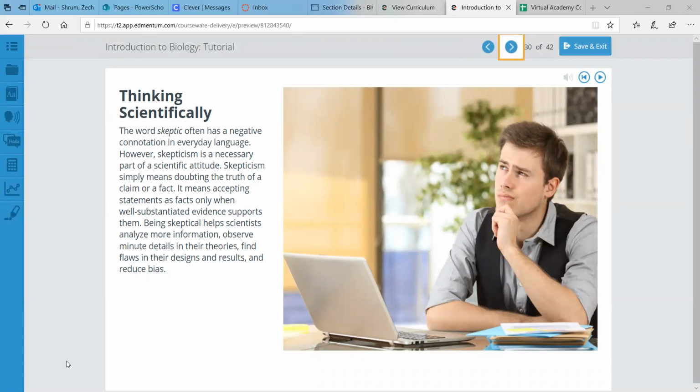Thinking scientifically, skeptic. I'm sure you've heard that word used a lot. Maybe in a negative way, at least not in the most positive way. But in science, skepticism is a great attitude to have. You always want to double check before you just accept statements as fact.